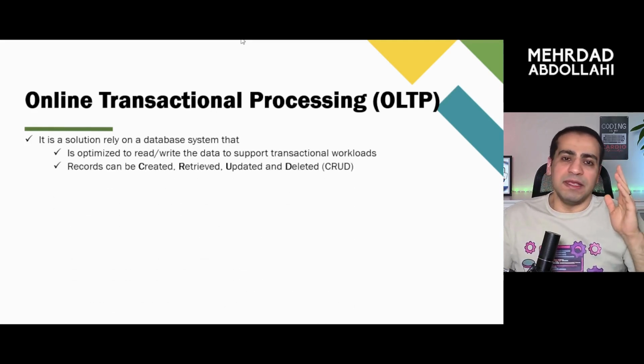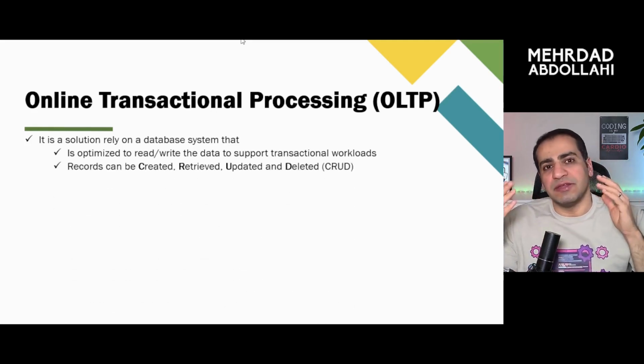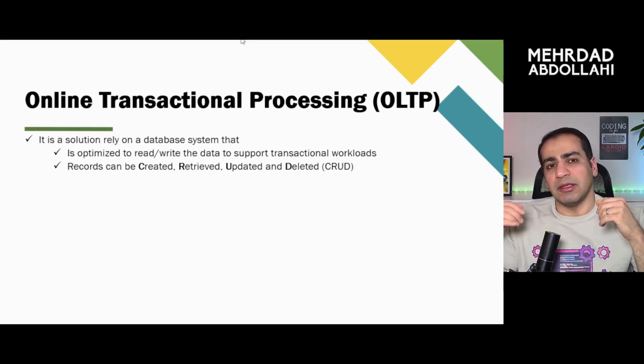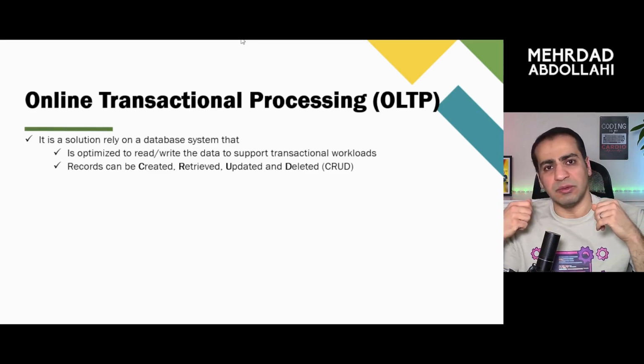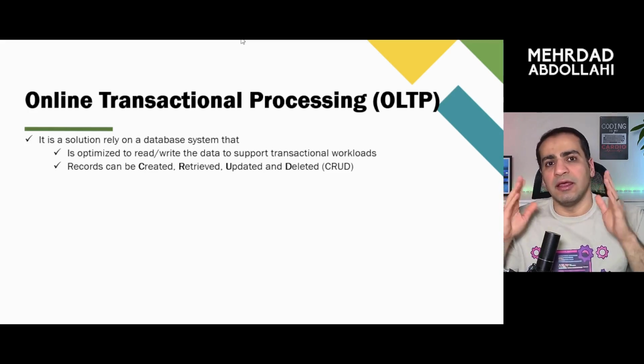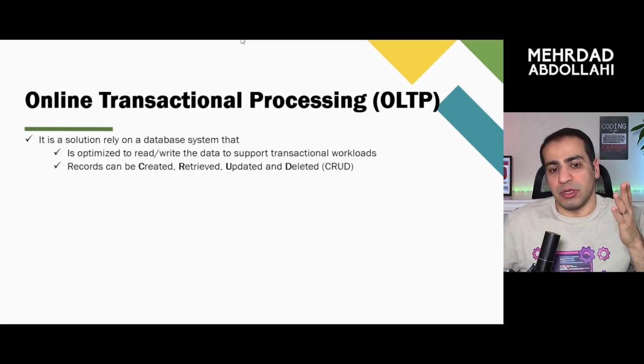The read and write operations refer to the normal operations in a transactional system: creating a record, retrieving the data, updating those records, and deleting. In short, we call them CRUD.